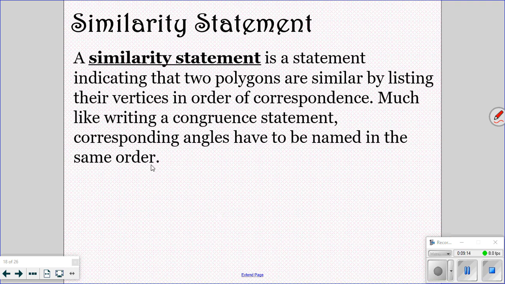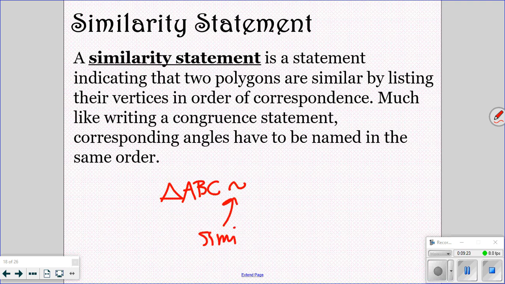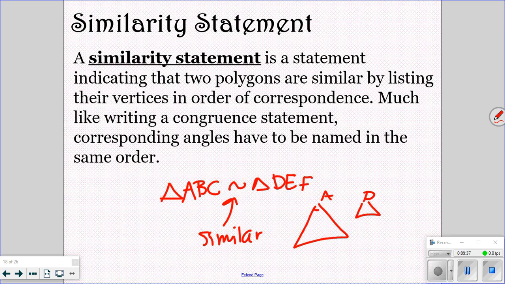So if I say triangle ABC is similar to triangle DEF, that's your symbol for similar. That means that in my similar triangles, angle A and angle D are corresponding. And angle B and angle E are corresponding. Same thing with C and F.